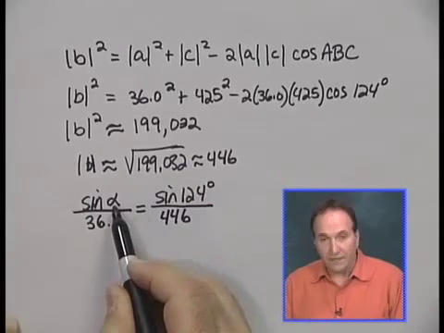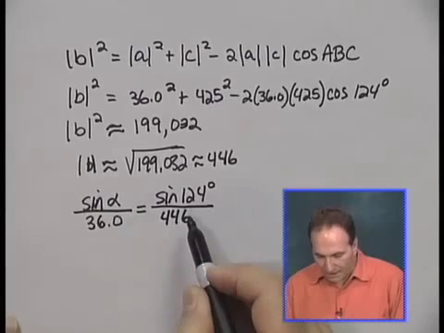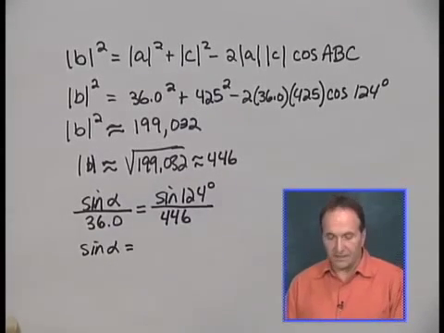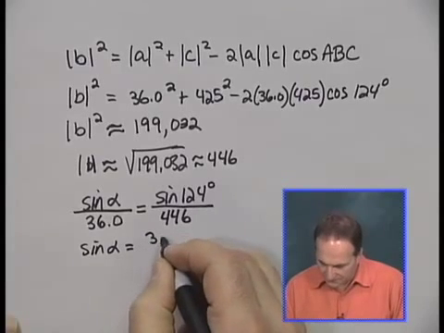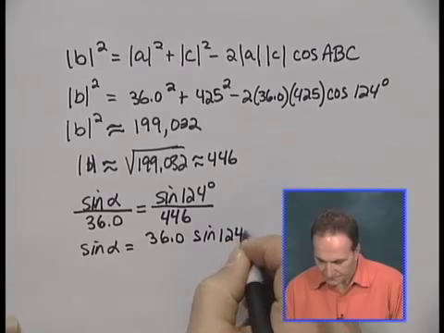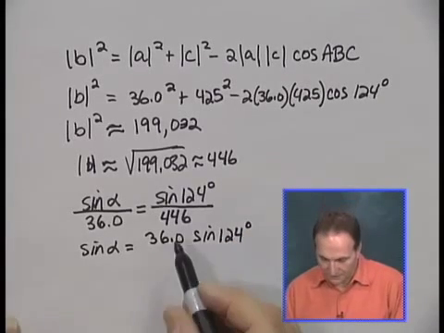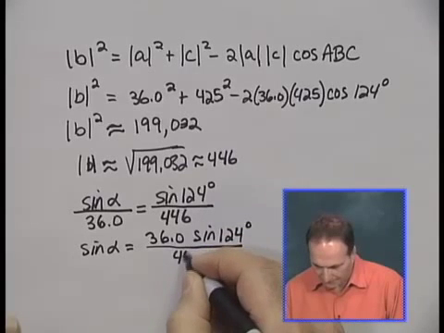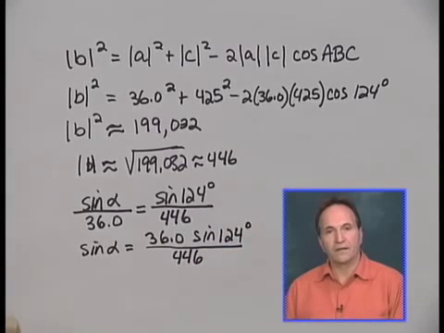Now we want to find alpha, so we multiply both sides by the 36, and we have sine of alpha equal to 36.0 times the sine of 124 degrees divided by 446.